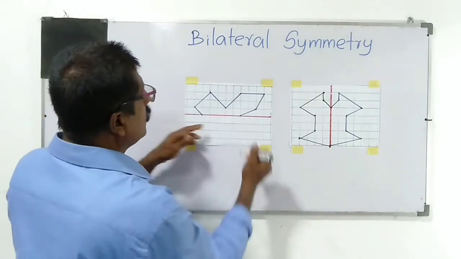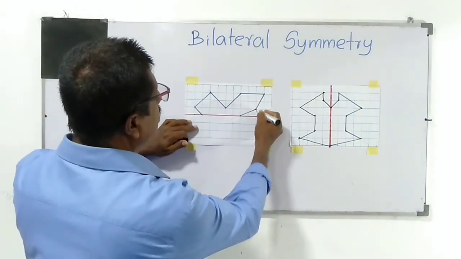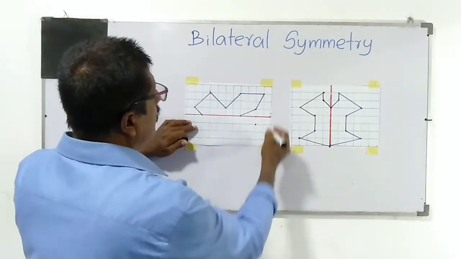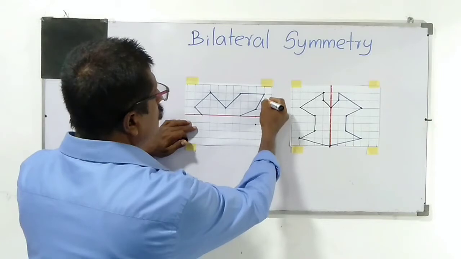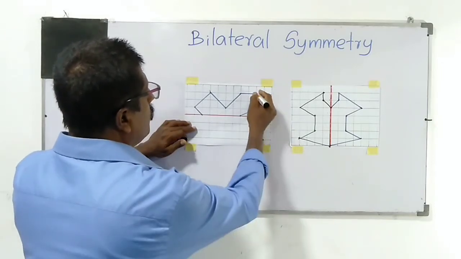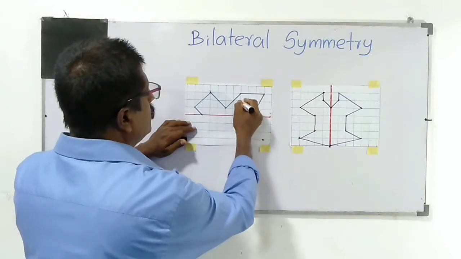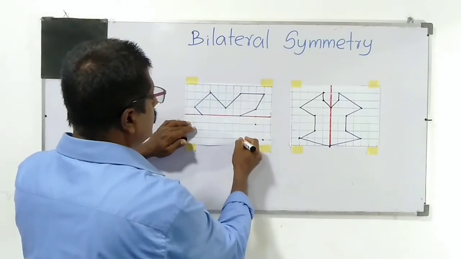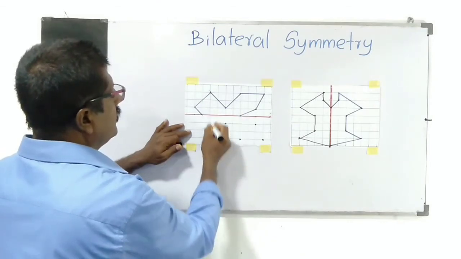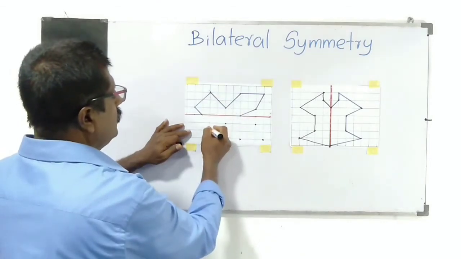On this also, you do the same thing. You just count from here one square, from here to the other side one square. This one, 1, 2, 3, 1, 2, 3. Then 1, 2, here 1, 2, 3, 1, 2, 3.